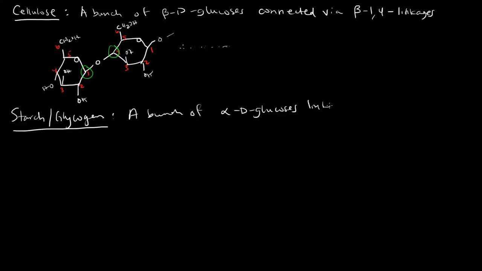linked via alpha 1,4 linkages. Right, so they're going to look a little bit different. Alpha D glucoses are going to look like this. Down, up, down.